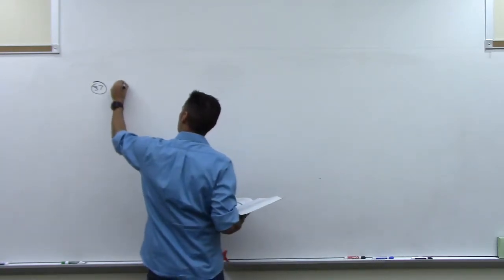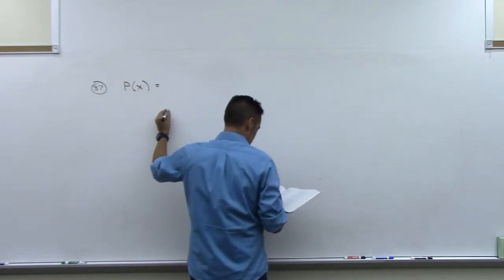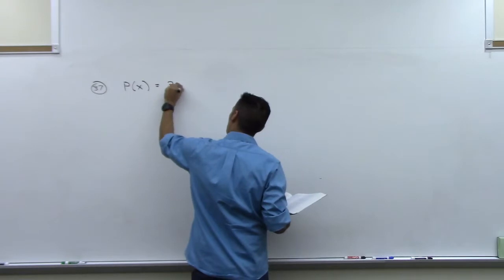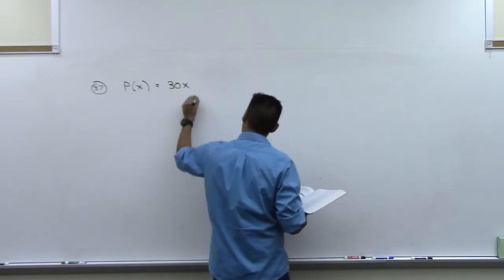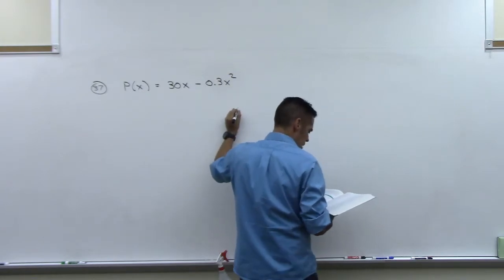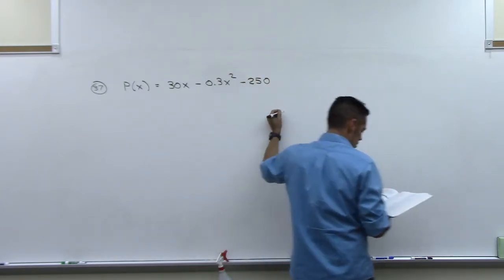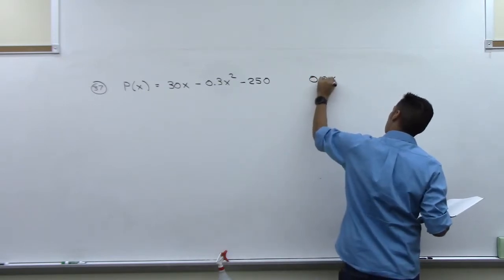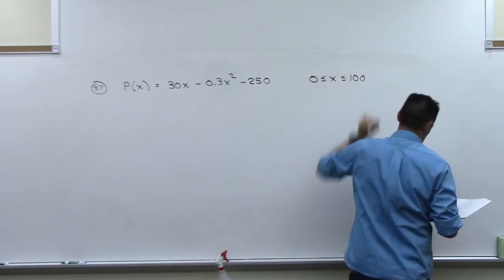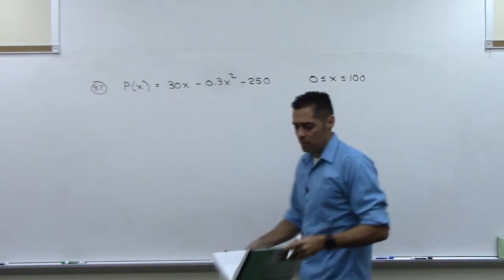So we have P of x equals 30x minus 0.3x squared minus 250. And here they even give us a domain that our x has to be between 0 and 100. So this is the total profit in dollars from the sale of x skateboards.